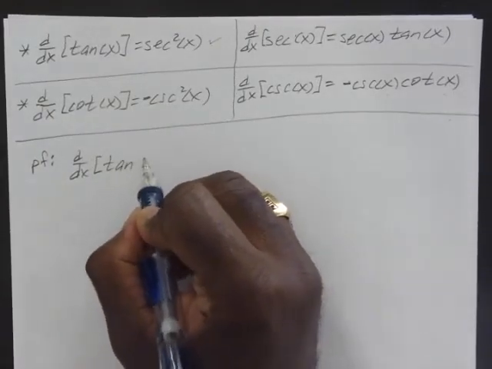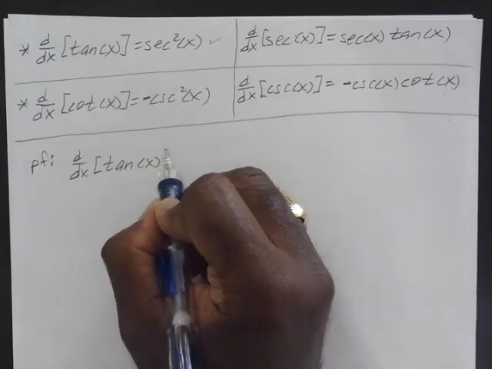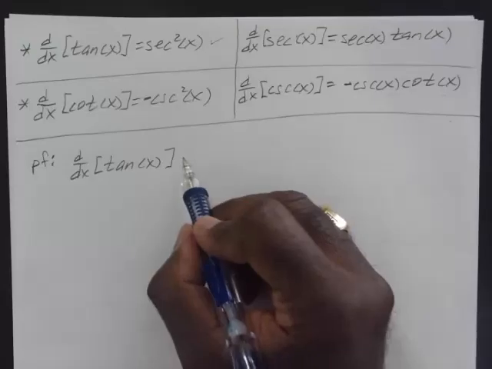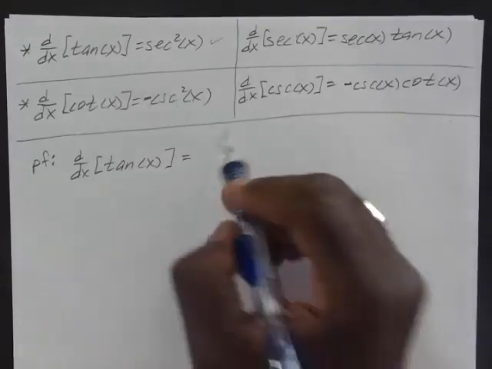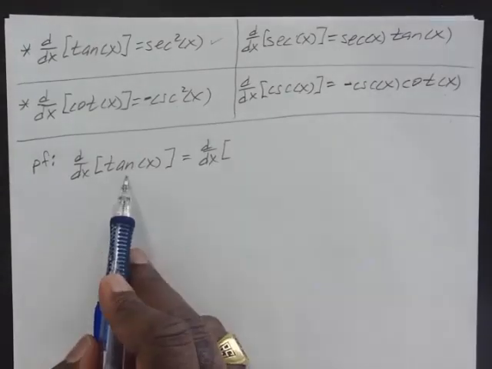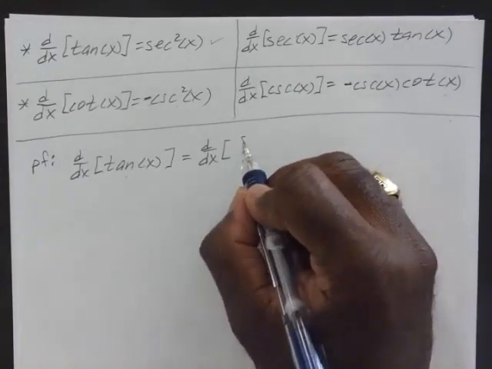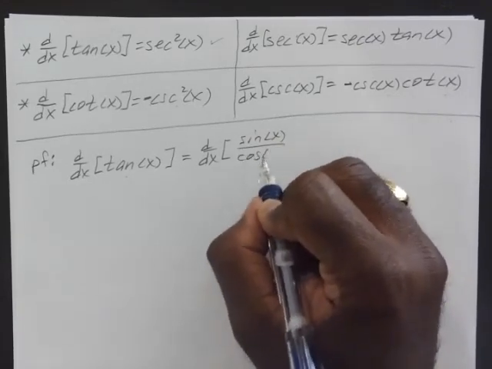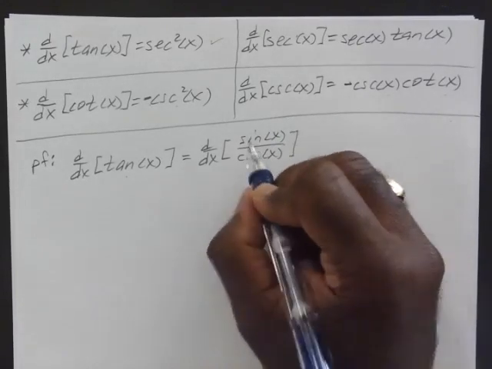So we have the derivative of tangent of x. Okay. Well, we know that equals the derivative with respect to x. And we can replace tangent of x with sine divided by cosine, since sine divided by cosine is equal to tangent.